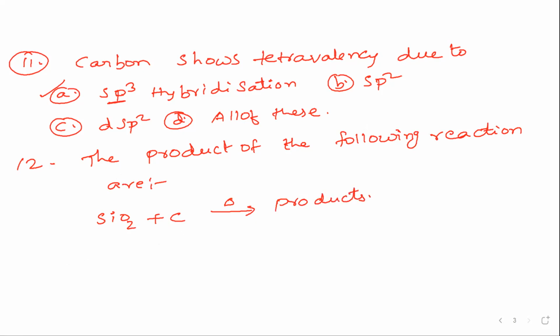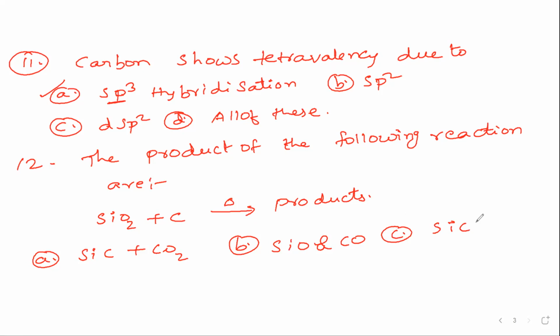The options are: A, silicon carbide and carbon dioxide; B, silicon oxide and carbon monoxide; C, silicon carbide and carbon monoxide; and D, silicon and carbon monoxide. And means plus, so you can write anything.